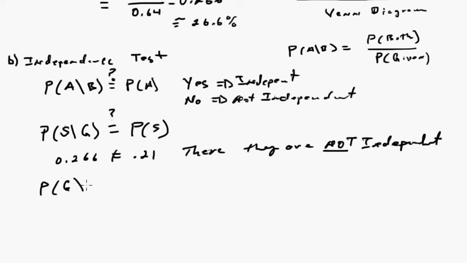Say, what's the probability of a garage given they have a swimming pool, and is that the same as the probability of having a garage?